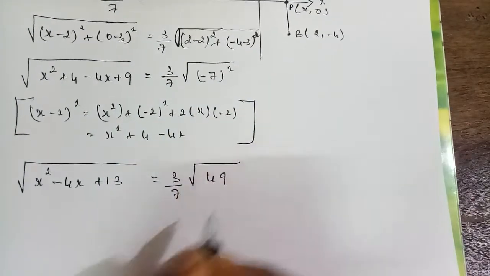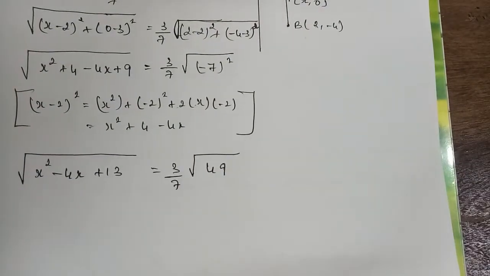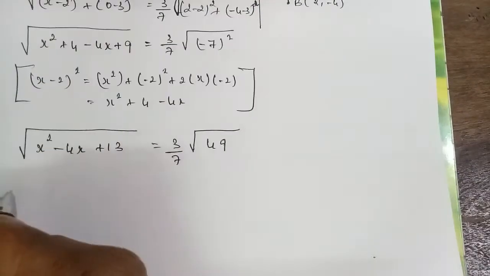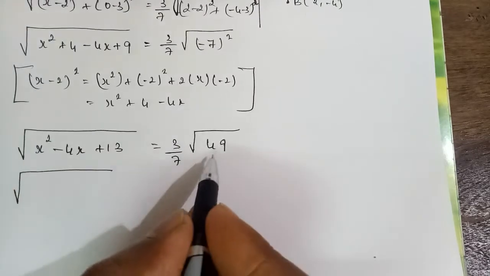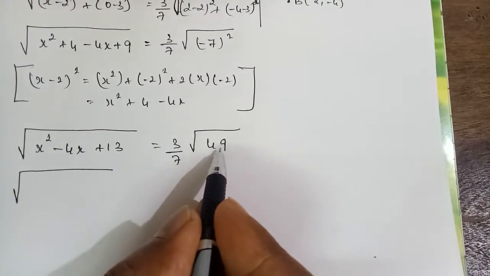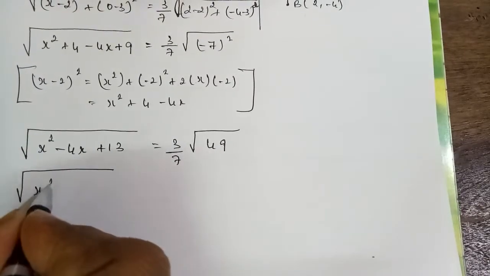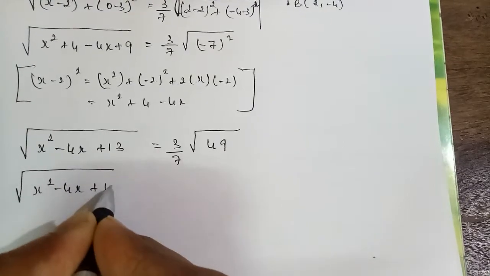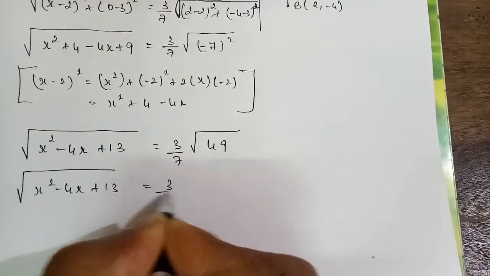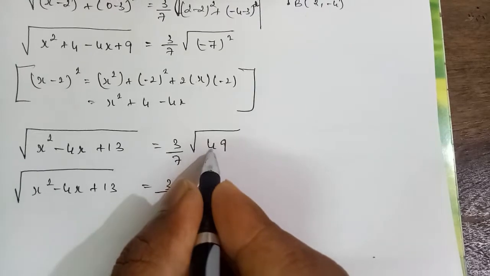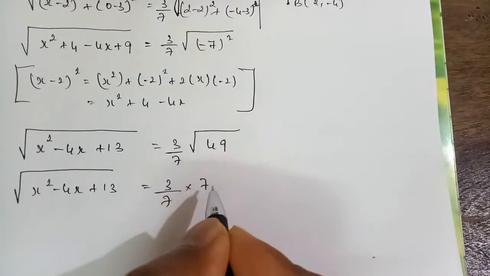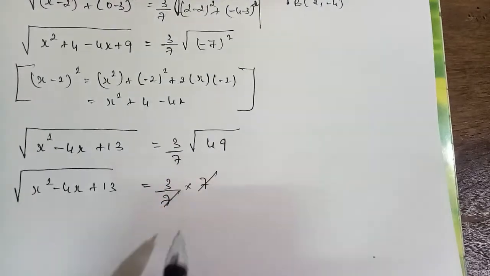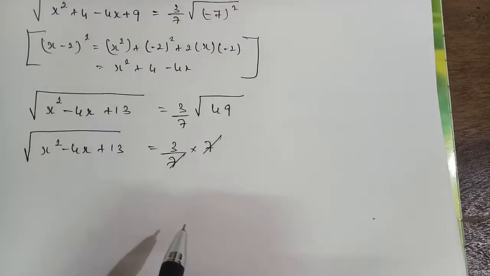Okay, so next we keep this as it is, because we know that the square root of 49 is 7. So we write x square minus 4x plus 13 as it is. So 3 by 7 into the square root of 49, which is 7. Now 7 and 7 will cancel.